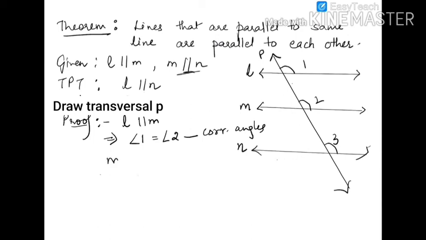It is also given in the question that M is parallel to N. So this implies the pair of corresponding angles are equal. That is, angle 3 is equal to angle 2.